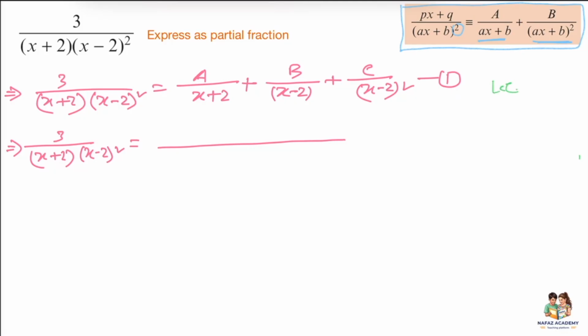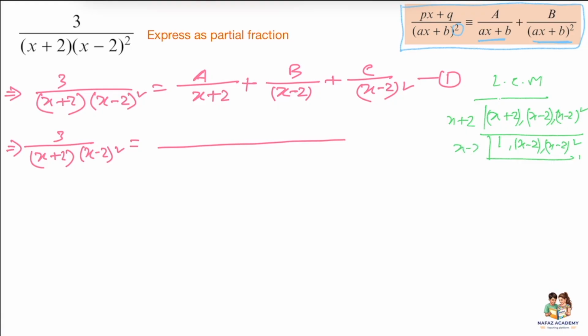How to take the LCM? Do you know? Okay, now it is clear. LCM: x plus 2, x minus 2, and another x minus 2 squared. Divide by x plus 2 at first. Now it is 1. It is x minus 2 unchanged, x minus 2 squared unchanged.